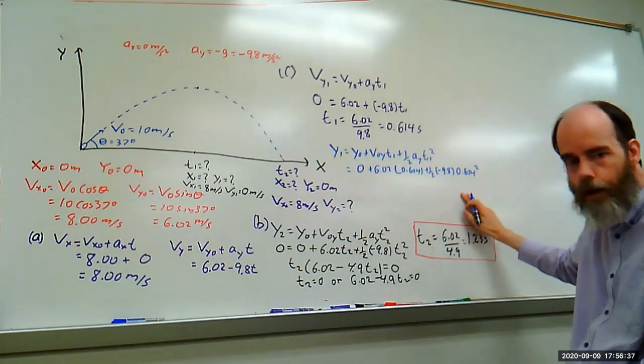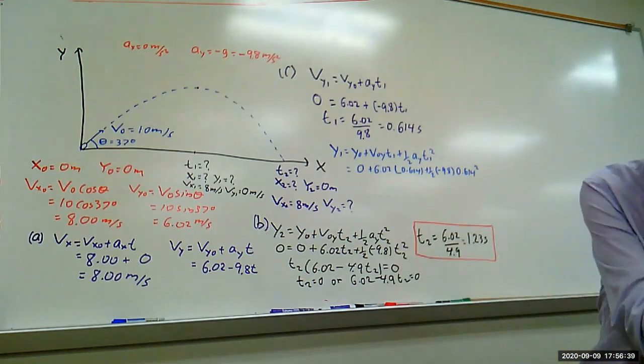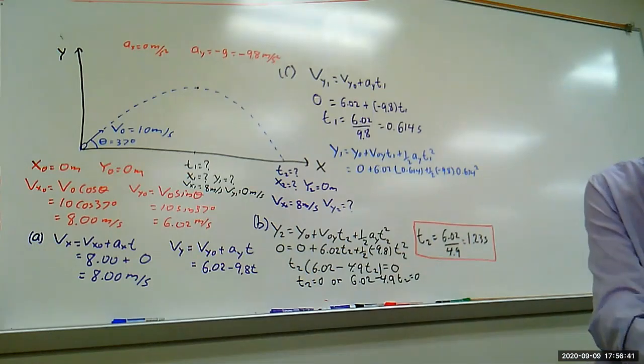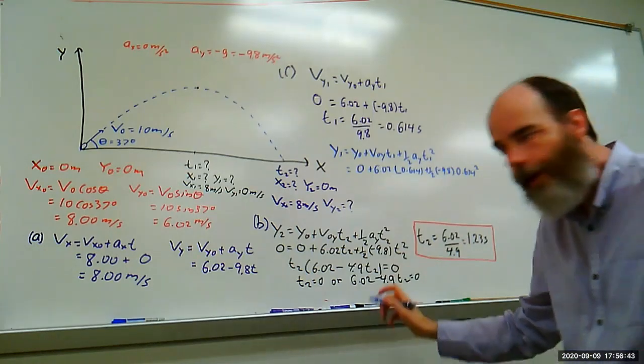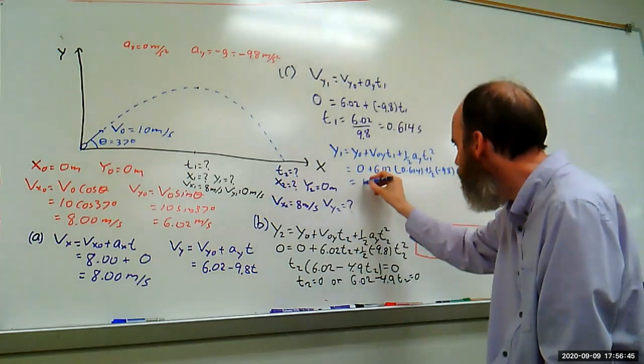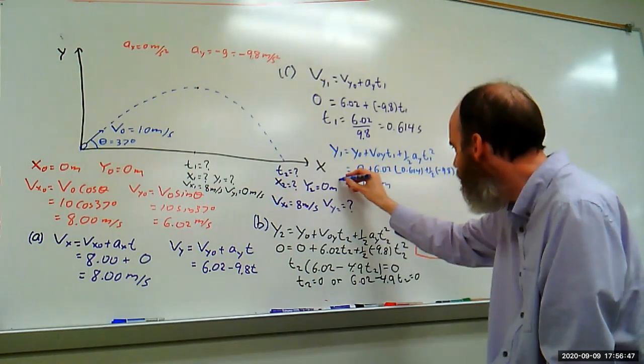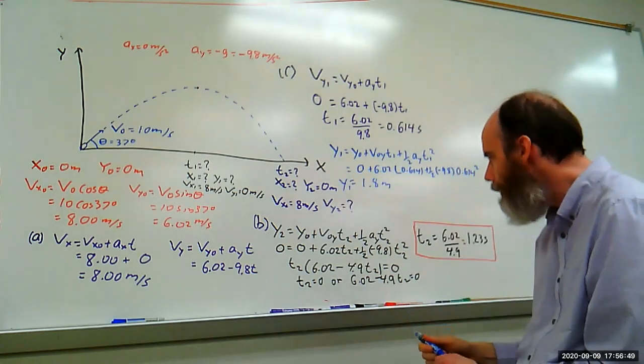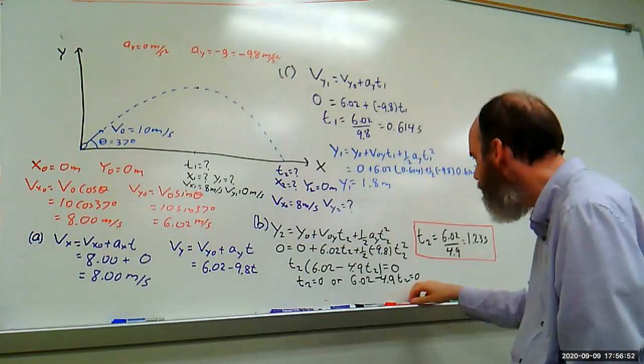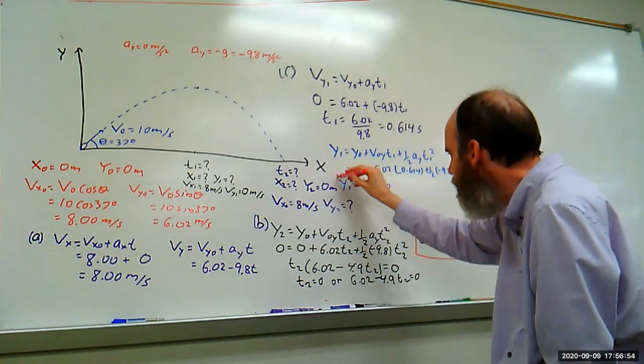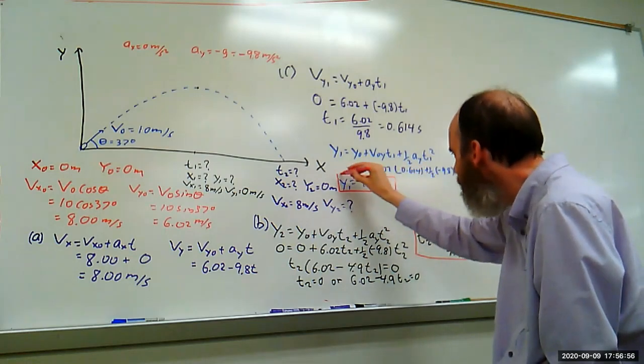If we work out all this, we get, for the maximum height, 1.8 meters. So Y1, the maximum height, is 1.8 meters. That is the answer to part C.